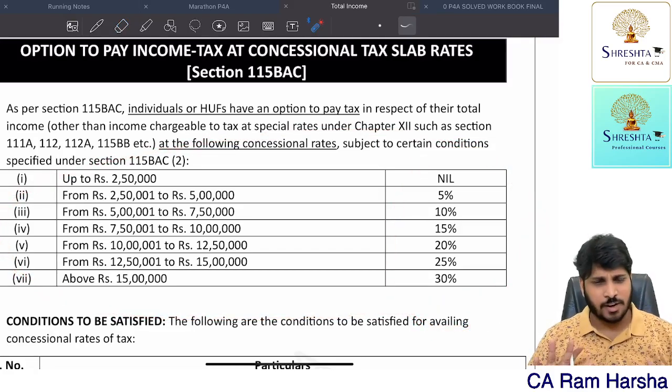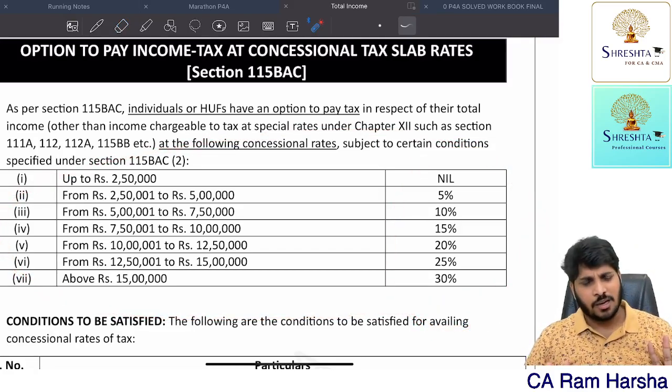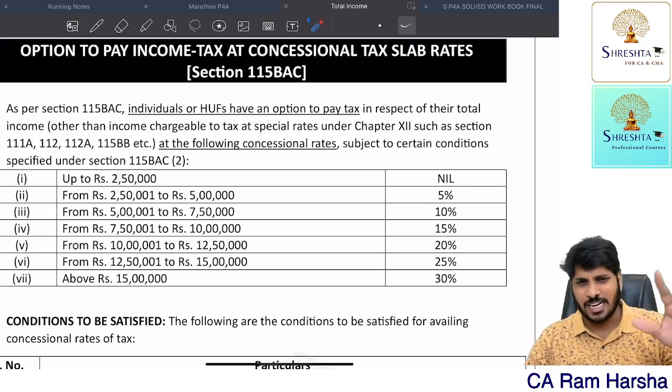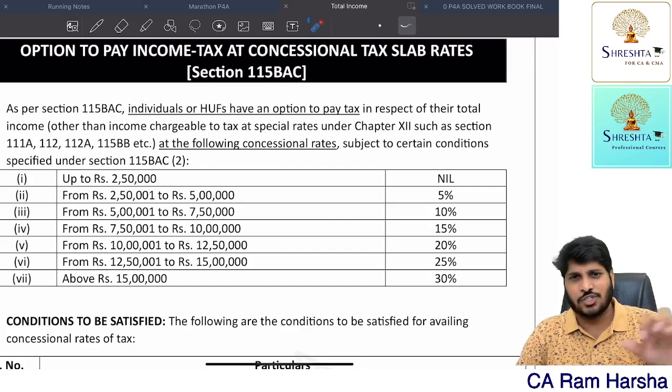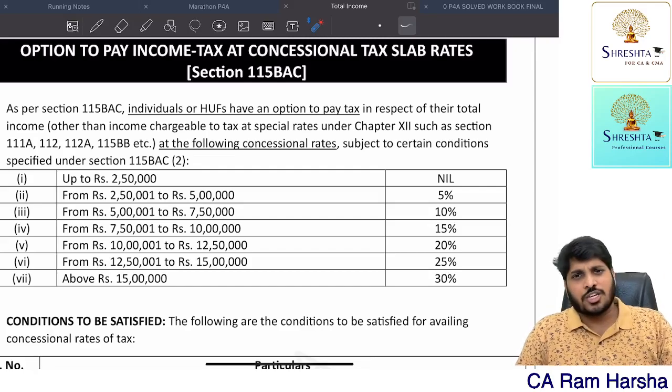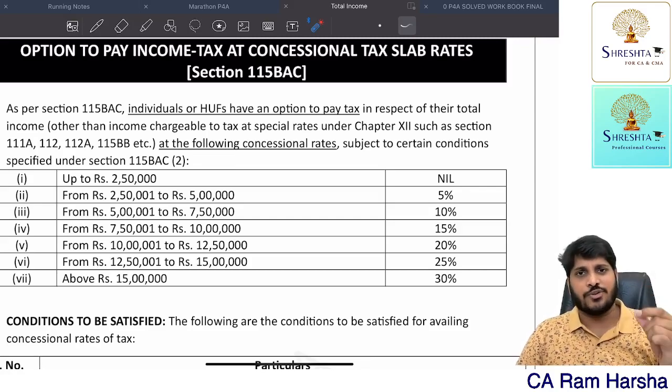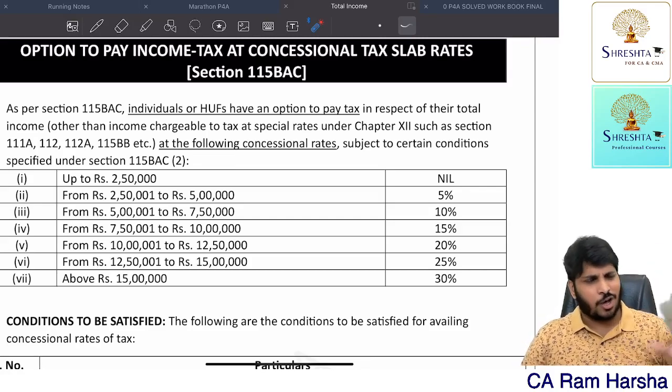Very simple. What is 115BAC? Normally, at what slab rate do you have to pay? If you are an individual, you compute total income by applying all the heads of income, provisions, deductions, depreciation, additional depreciation, Section 16 deductions, everything. Compute gross total income, minus Chapter VI-A, which you claim happily. Compute total income. On that, up to 2.5 lakh, 0; 2.5 to 5 lakh, 5%; 5 to 10 lakh, 20%; beyond 10 lakh, 30%, normally.